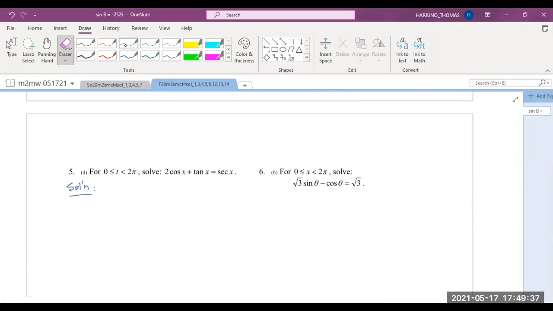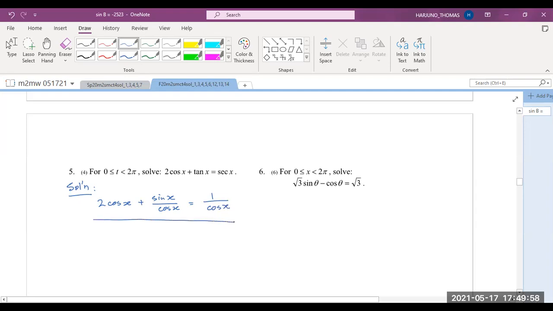Okay, now going back to number 5, we have 2 cosine x plus sine x over cosine x equals 1 over cosine x. So I will multiply by cosine x, with the notion that cosine x cannot be 0. So I will get 2 cosine squared x plus sine x equals 1.